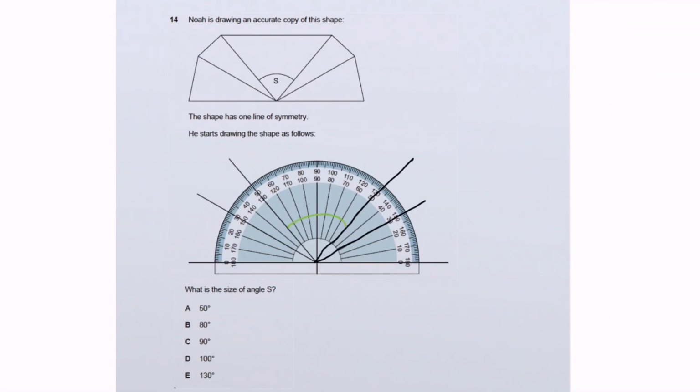So to find the size, we can just count the increments of 10. So we have 10, 20, 30, 40, 50, 60, 70, 80. And thus the angle size of S is 80. So for this question, students can visually draw it to help them solve the question.